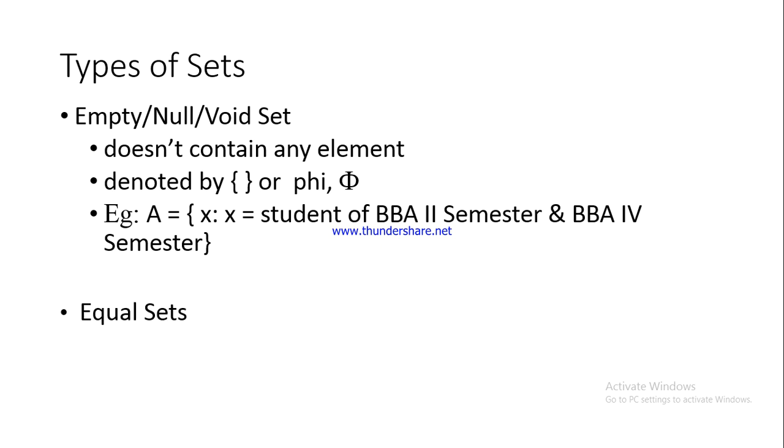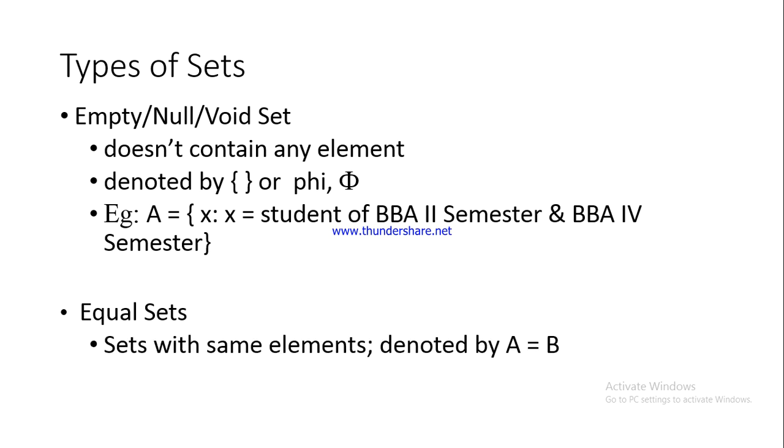Now let us talk about equal sets. What do we mean by equal sets? Sets with the same elements, and they are denoted by A is equal to B. If two sets, let's say A and B, have the same elements, the serial order is not important. We have discussed this in the earlier lecture also. The serial order is not important, but the elements should be the same.